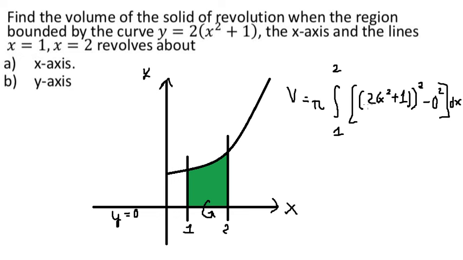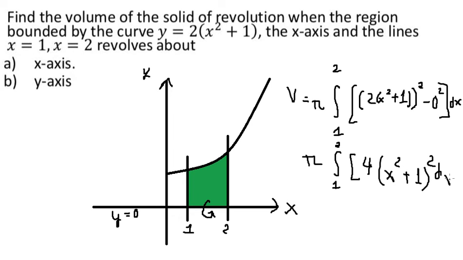So we need to simplify this one. And you will get 4 times x squared plus 1, everything to the power of 2, dx.